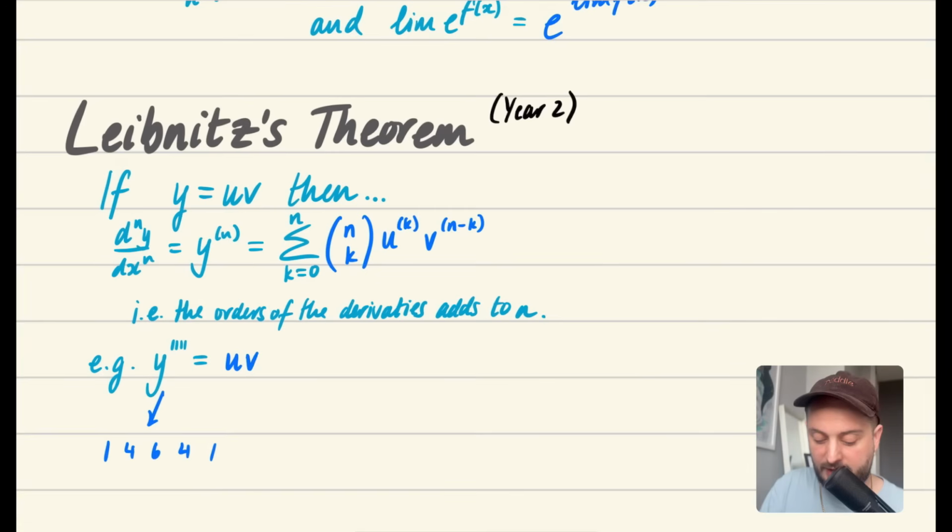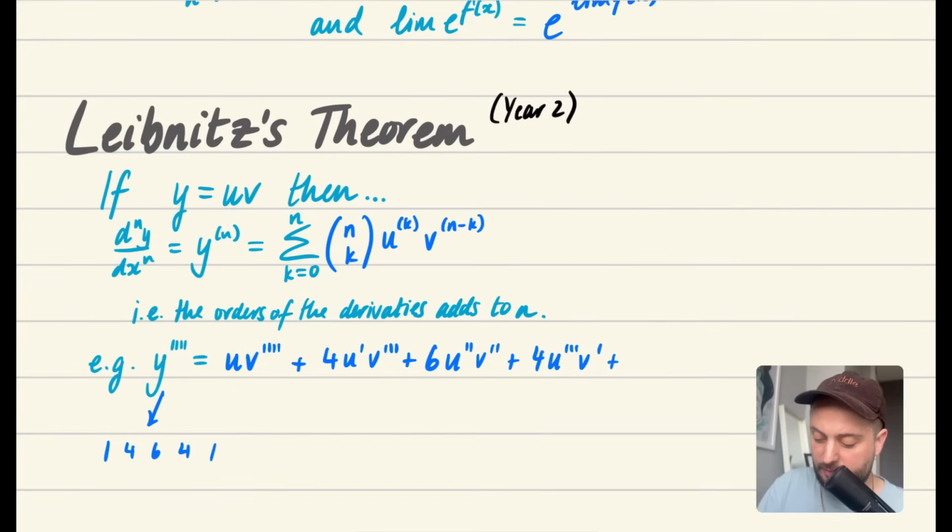We would then have v, and it would be to the fourth derivative. Notice how this looks like it's a 1, but it's not. This is just a 4 and a 0. So the next part would be a 4 with the u differentiated once and v differentiated 3 times. We then get the 6 with u differentiated twice and v differentiated twice. The 4 with u differentiated 3 times and v differentiated once.